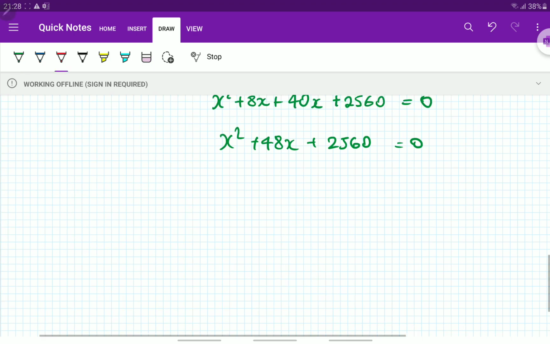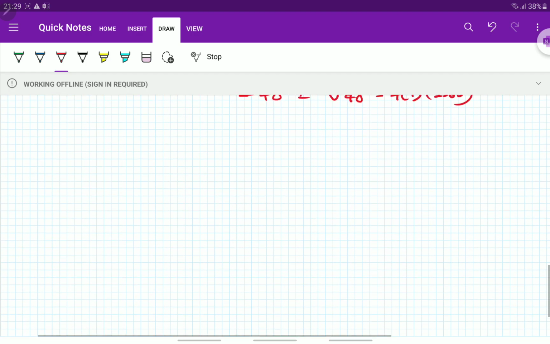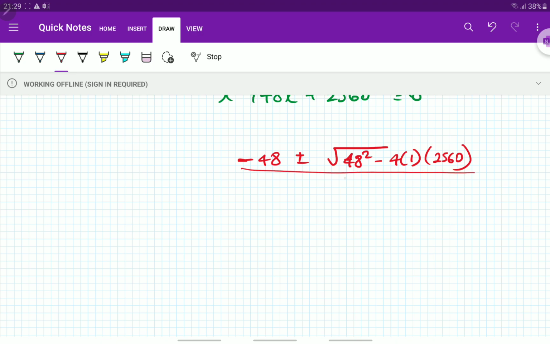We know the quadratic formula is minus 48 plus or minus the root of 48 squared minus 4 times 1 times 2560, whole thing over 2. So now this will give x as two potential candidates: x is equal to 32 or x is equal to minus 80.